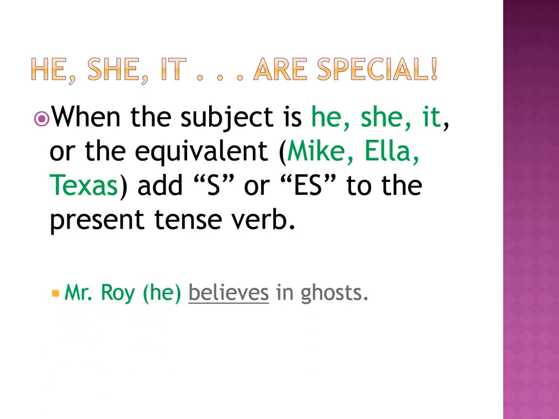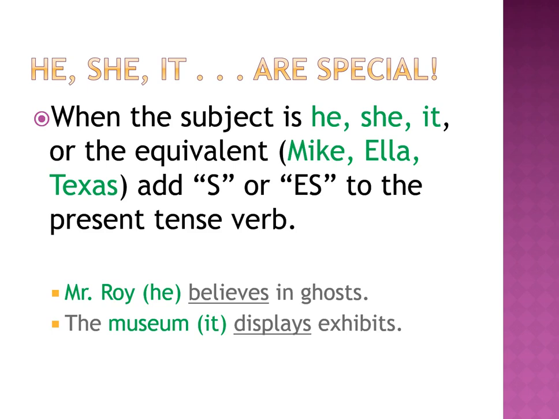Take a look at this example. Mr. Roy believes in ghosts. Of course, that sounds right, and it is, but we can double check it by substituting the pronoun he for Mr. Roy. We know that he is one of those special subjects. It always takes a verb that ends with S. The museum displays exhibits. Museum is a singular subject, and we can substitute the pronoun it for it.